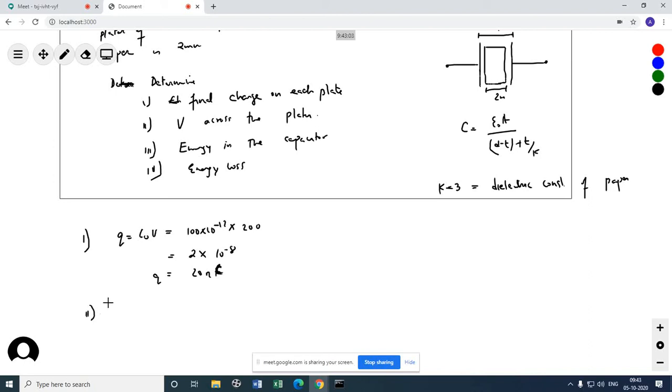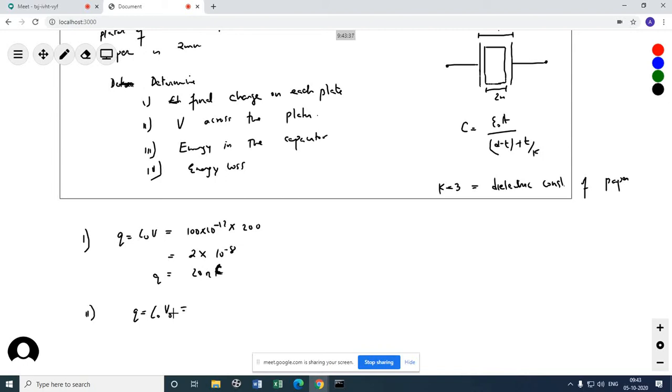Number 2, what is the V across the plates? What is the potential difference when you remove the capacitor from the voltage and insert the dielectric? How can you find out? You know that Q equals C naught V naught.